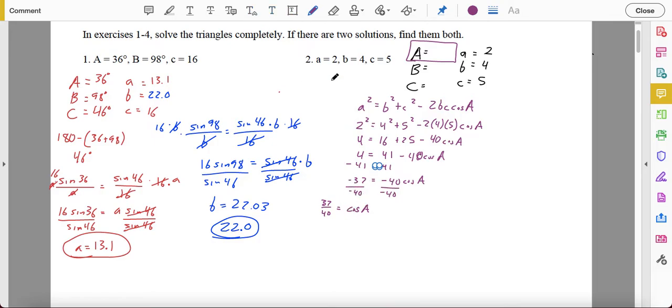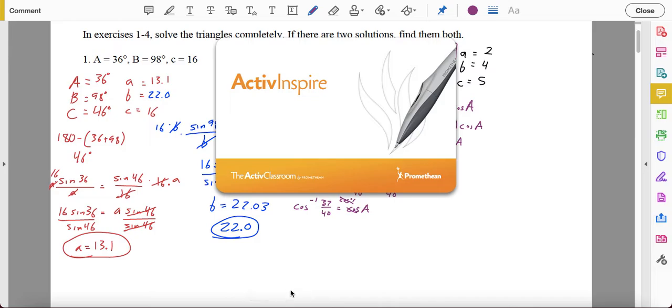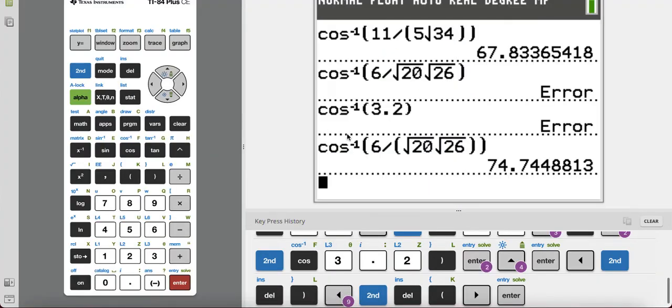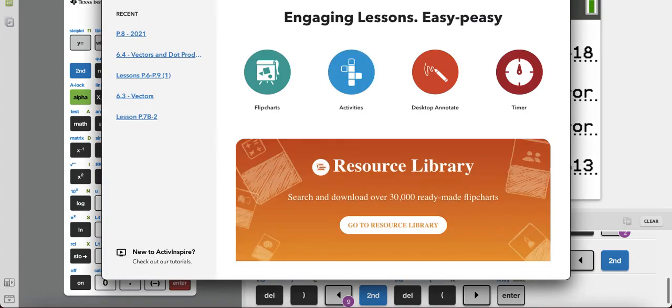And now I can take the inverse cosine of each side to get A by itself. So we plug that in the calculator. Hit the wrong button there. All right, so we are going to do inverse cosine of 37 over 40.